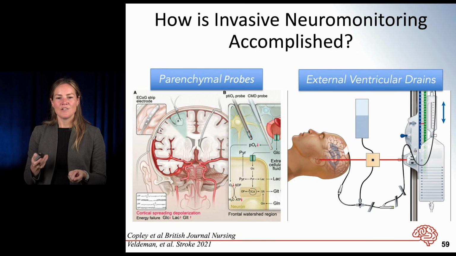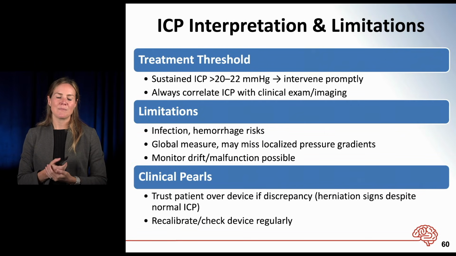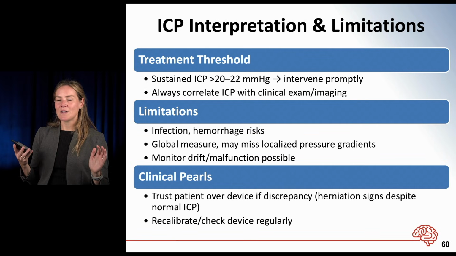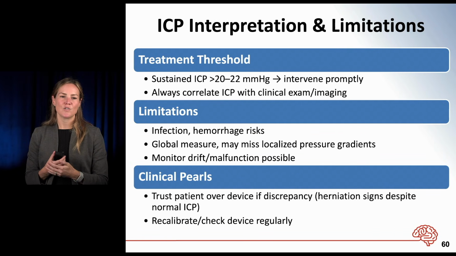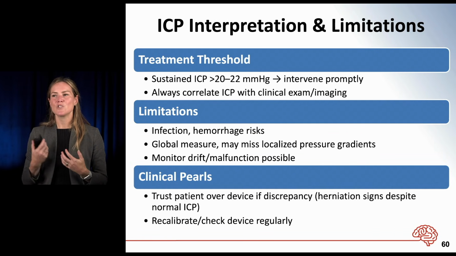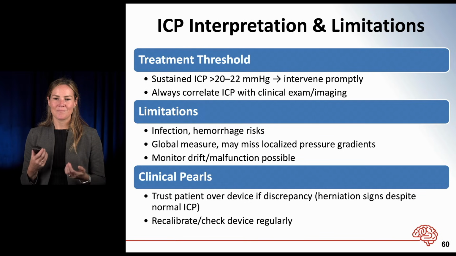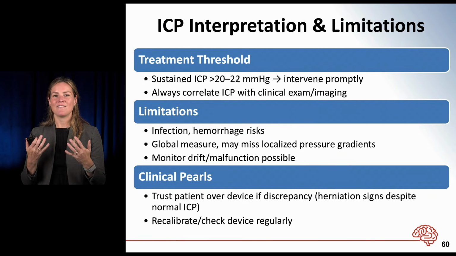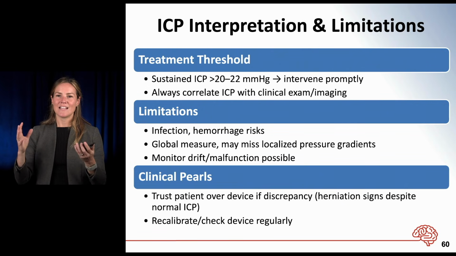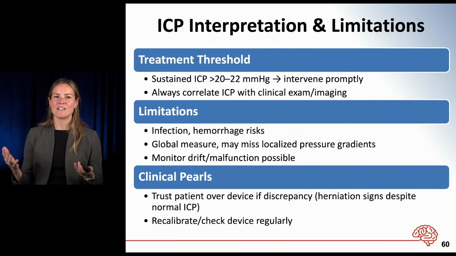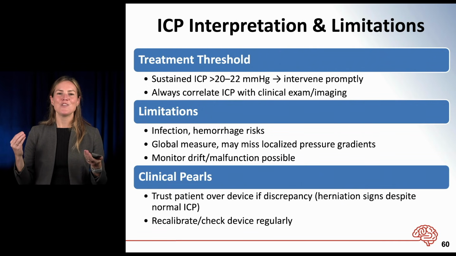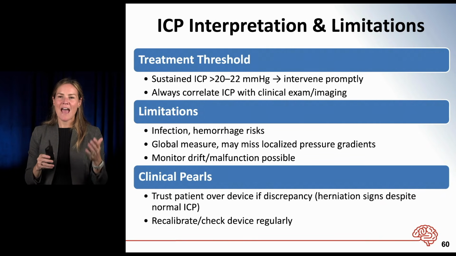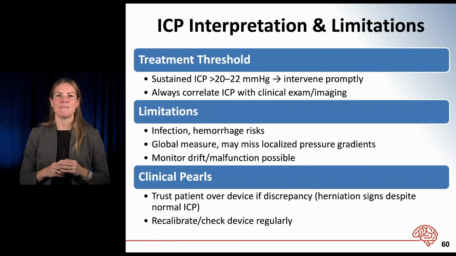So again, just to go briefly through some of the limitations, our treatment threshold for this is whenever someone has a sustained ICP of greater than 20 to 22, that's going to trigger us to intervene promptly. One of the things that's really nice about having an invasive ICP monitor is that number is more trustworthy than ICP approximations. And you can escalate up the tier if you have a number to guide the management.